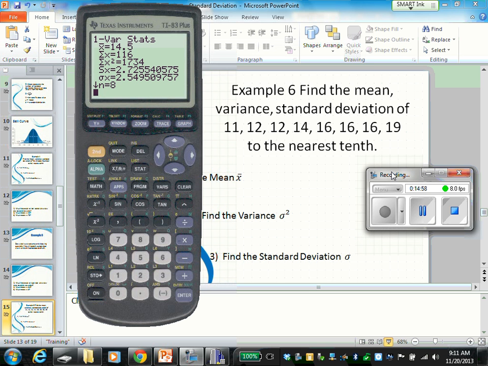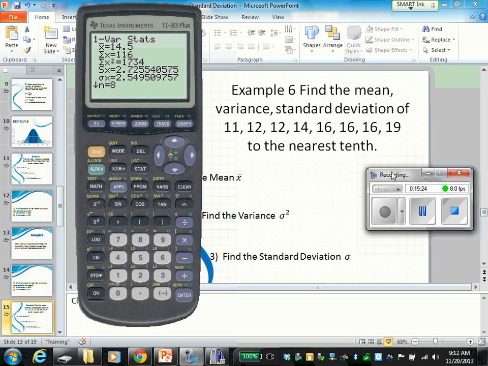Do we recognize Sx and do we recognize sigma x? S means standard deviation of the sample. Do you remember that? Sigma means standard deviation of the population. Which one are we going to use today on these types of problems?